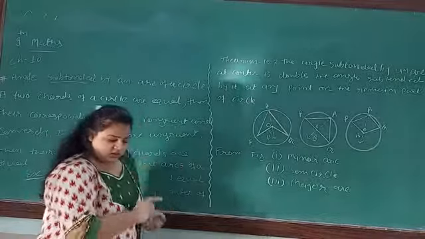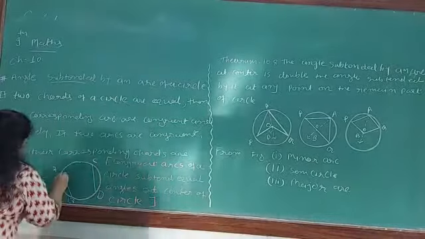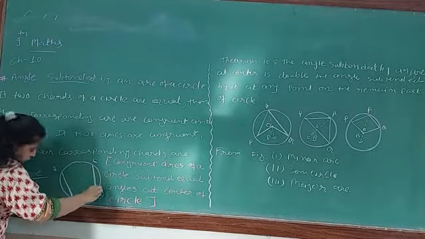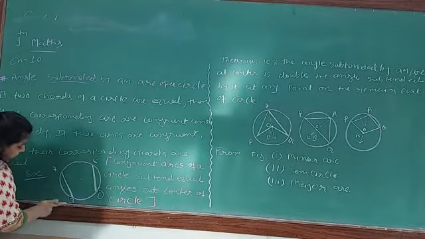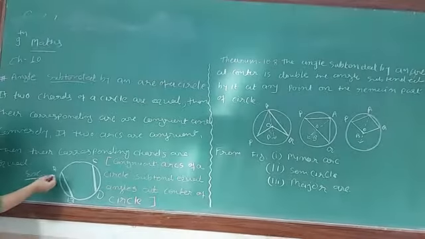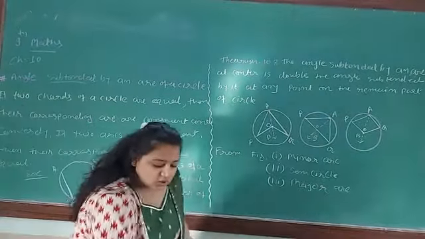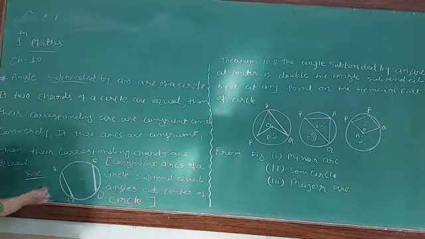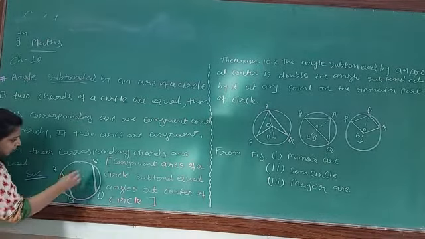This is a chord, this is also a chord. So AB is a chord and CD is also a chord, and arcs. Let me use one pink color.